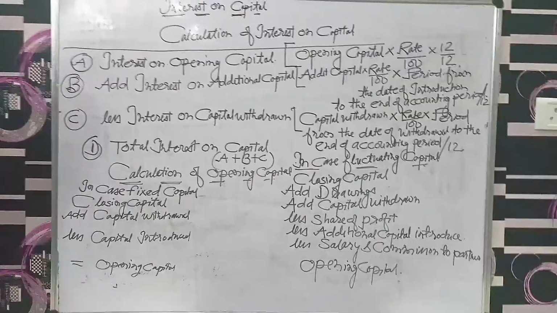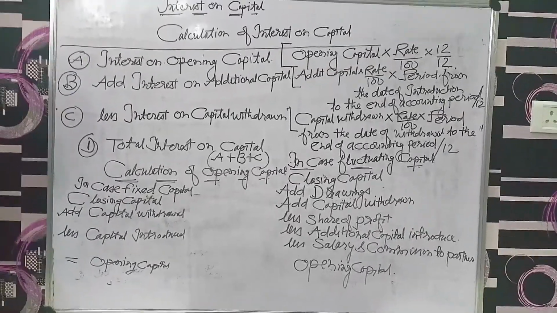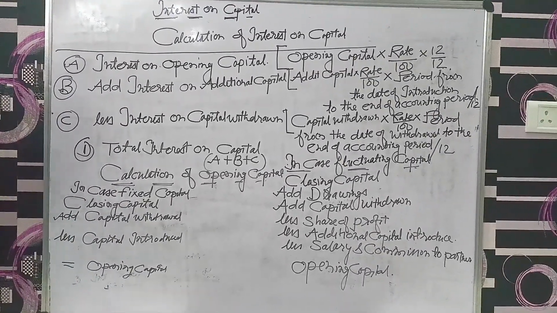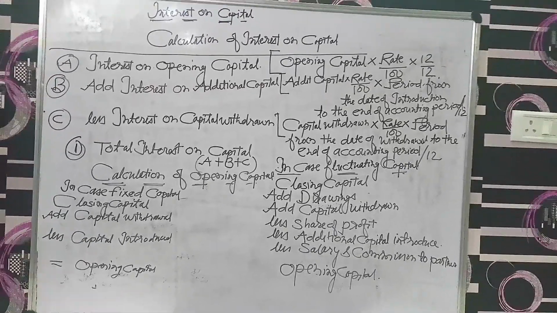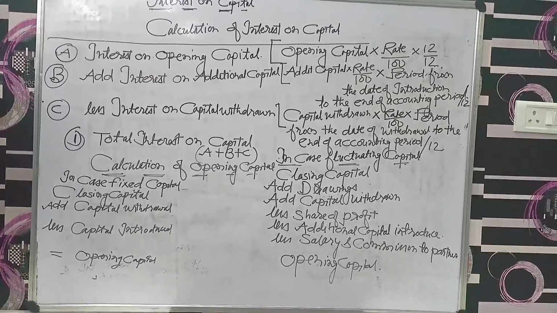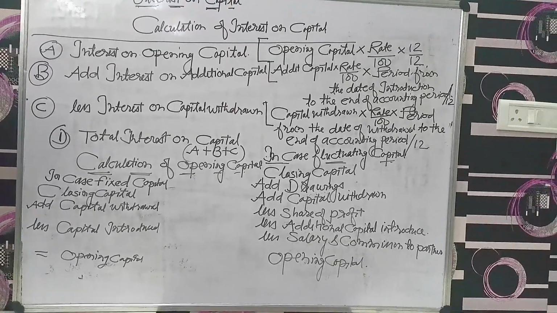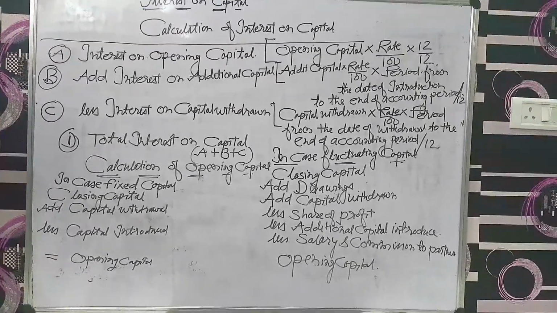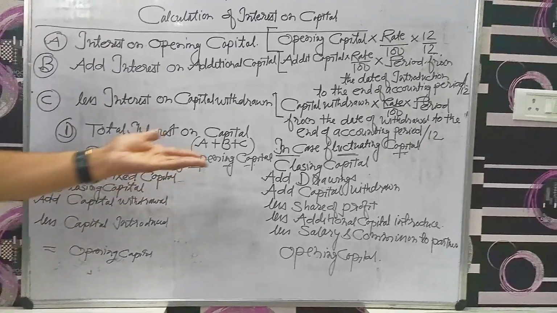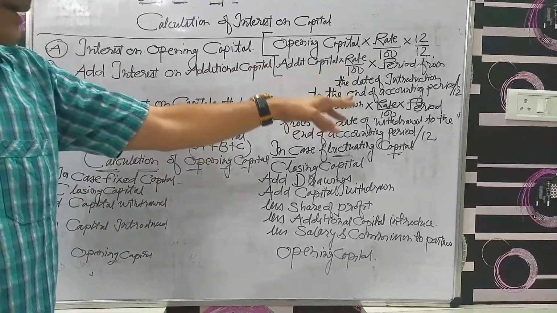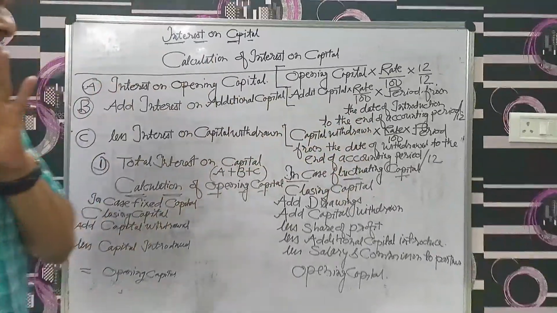Suppose a partner withdrew capital on 1st April, so from 1st April to 31st March we have to consider 9 months. So the amount, taking the example of 20,000, into rate into period 9 upon 12.